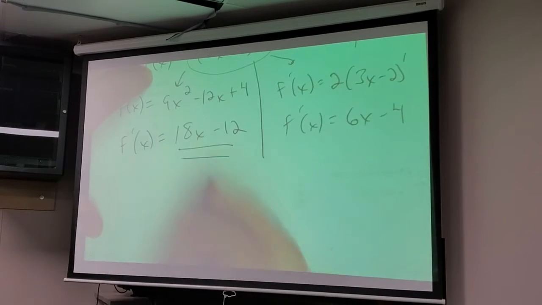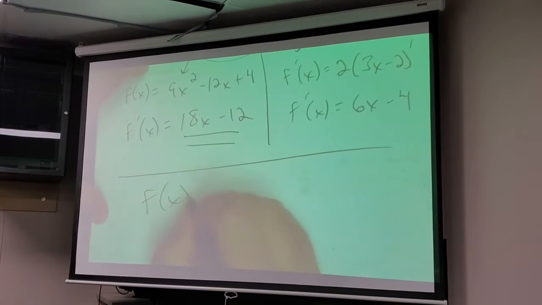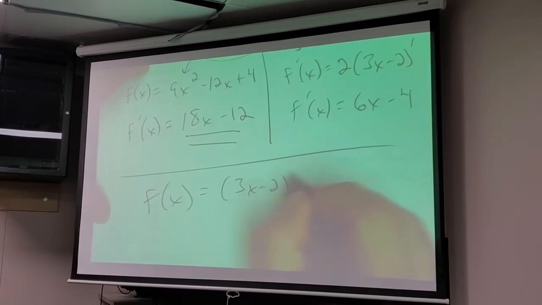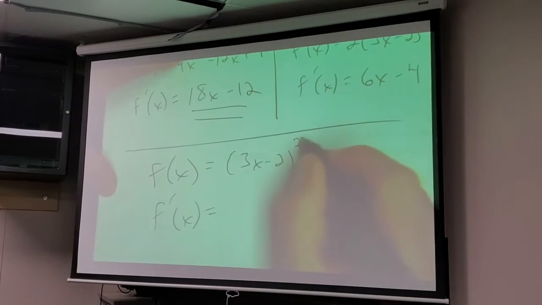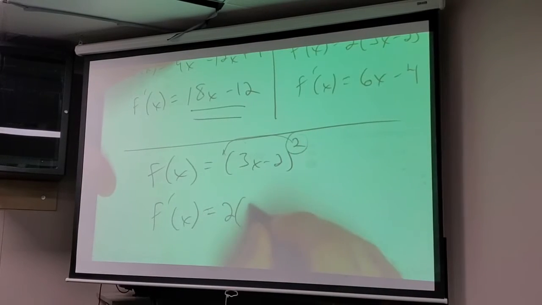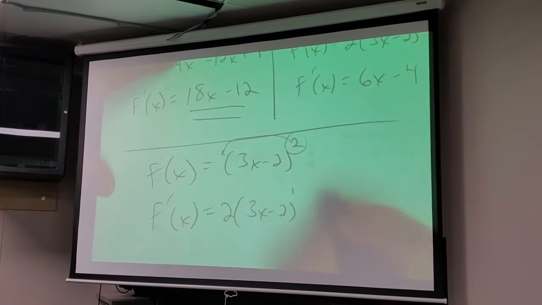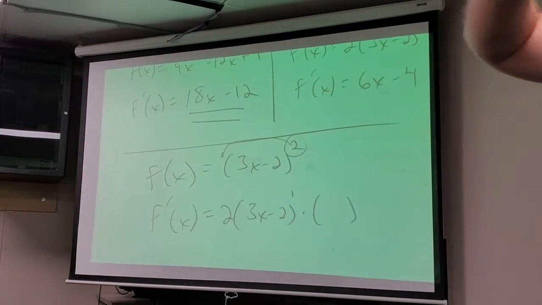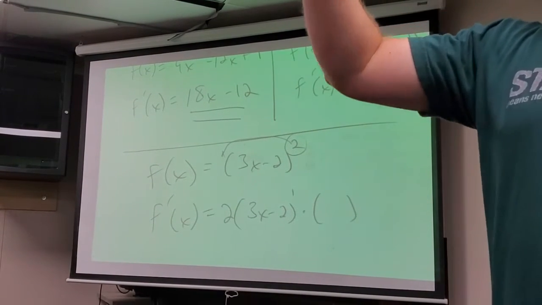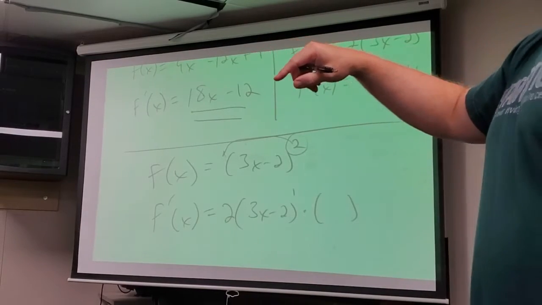Let's see. If I want to do this problem without multiplying this out, I have to do this. That comes down. That goes to the first power. But then I have to give the inside its turn. This idea of everybody gets a turn kind of keeps going with this.